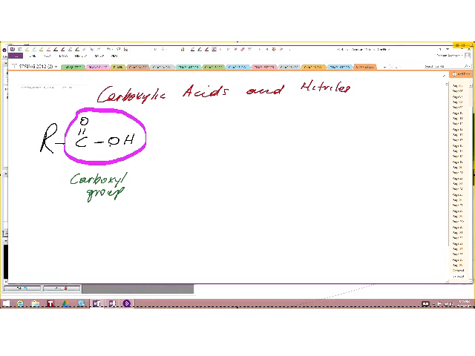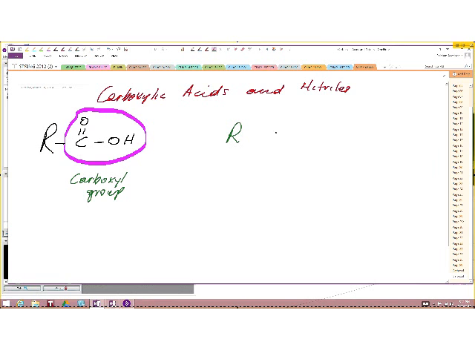And the carboxy group does contain a carbonyl, which is a carbon-oxygen double bond, and a hydroxy group. Attached to the carbon-oxygen double bond is either a hydrogen atom or a carbon atom.